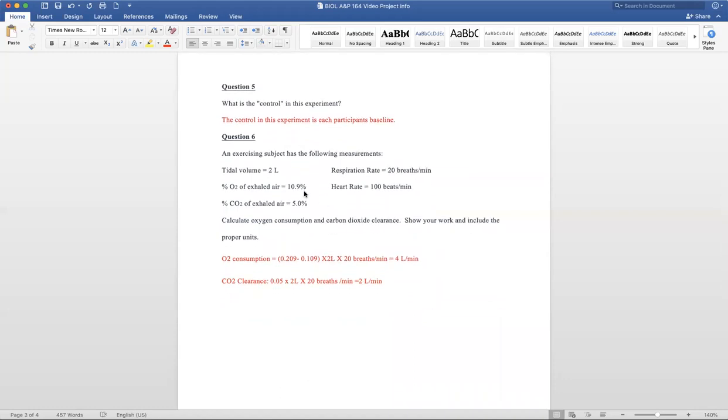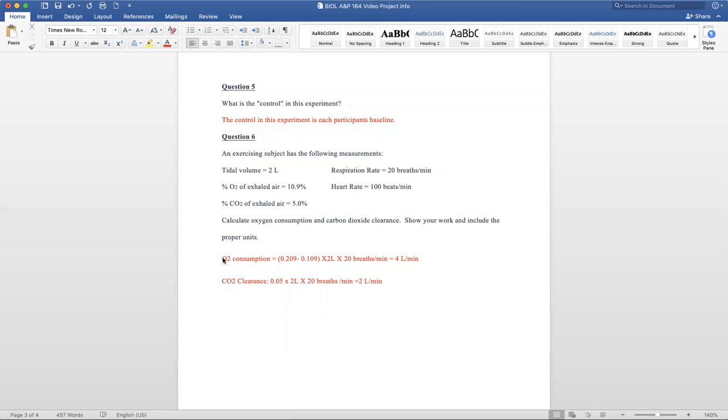And question number 6 states that an exercising subject has the following measurements. Here they are. I don't feel like reading them. And it asks you to calculate oxygen consumption and carbon dioxide clearance and to show your work.